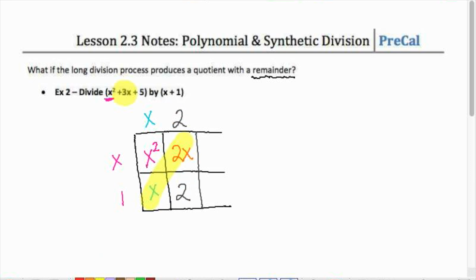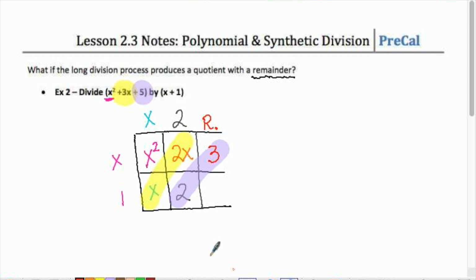Okay. So then back up here to this term, that's a 5. So I know this guy and whatever goes here should add up to 5. So 2 plus what would give me 5? Well, that should be 3. And because I have no more terms here, this is my remainder. So here's my quotient, and then here is my remainder.